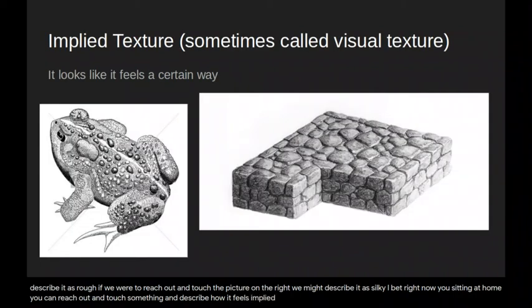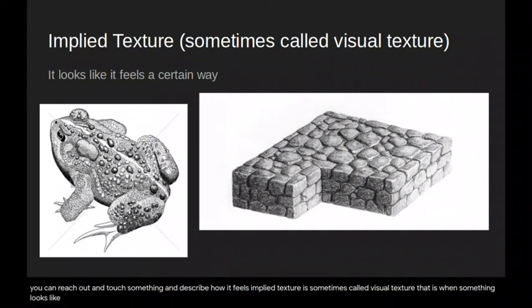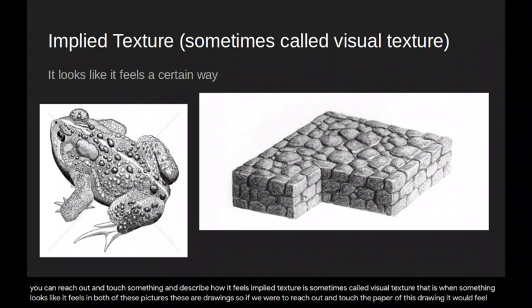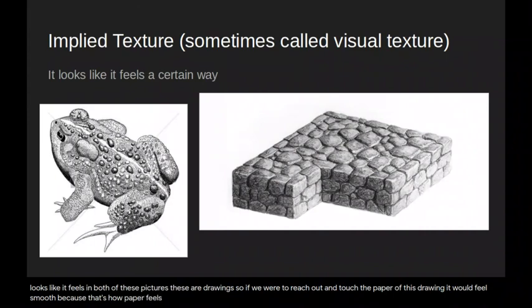Implied texture is sometimes called visual texture. That is when something looks like it feels. In both of these pictures, these are drawings. So if we were to reach out and touch the paper of this drawing, it would feel smooth because that's how paper feels.